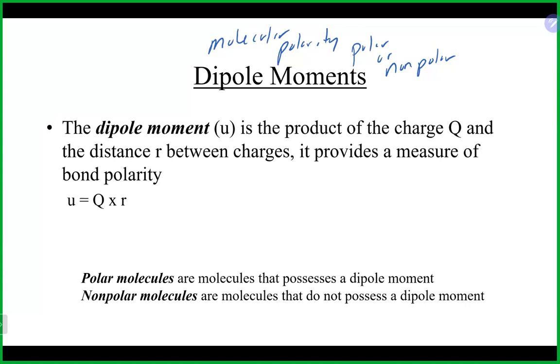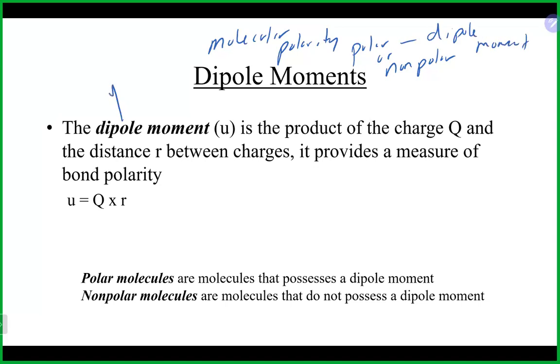If you have a polar molecule, just like in a polar bond, you have a side to that molecule that's more negative, and you have a side that's more positive, because overall in that molecule, you have a side of it where all the electrons are kind of hanging out. And that's going to make that side of the molecule more negative and the other side more positive. In a polar molecule, they will have what is referred to as a dipole moment.